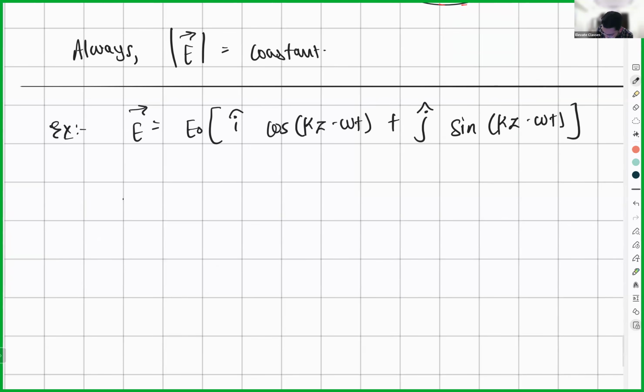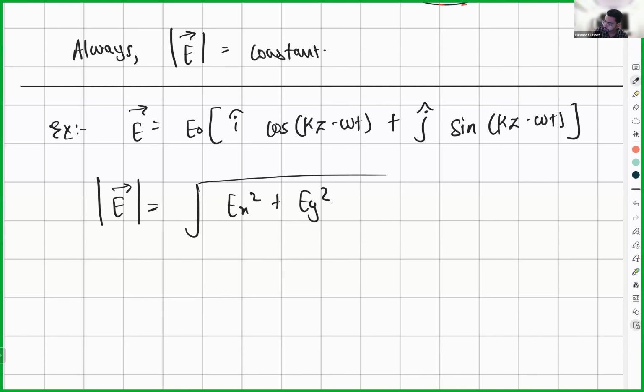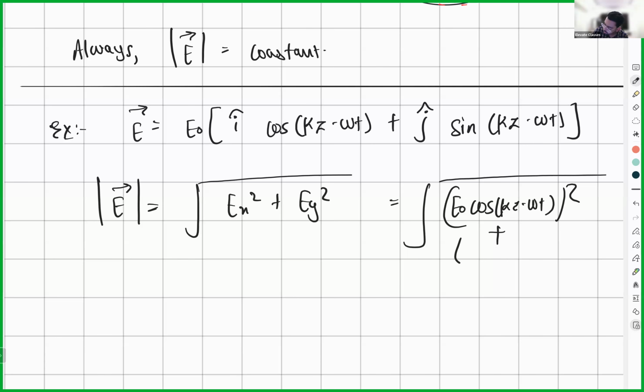So you check the magnitude. What is the magnitude? It is the square root of Ex square plus Ey square, where Ex, Ey are the x and y components of the electric field. So this becomes E naught cos (kz minus omega t) whole square plus E naught sine (kz minus omega t) whole square.